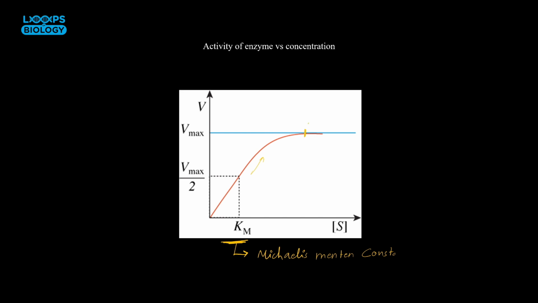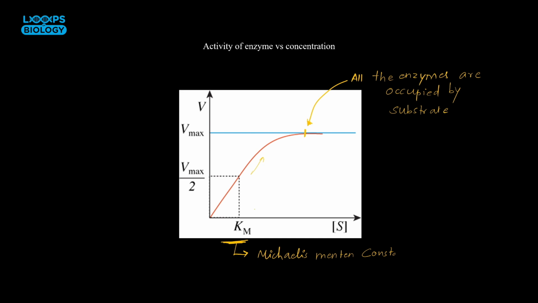At this particular point, all the enzymes are occupied by substrate. That means if all the enzymes are full by the substrate, then increasing the substrate concentration won't change the activity of the enzyme. That activity is called Vmax, that is the maximum activity of the enzyme.